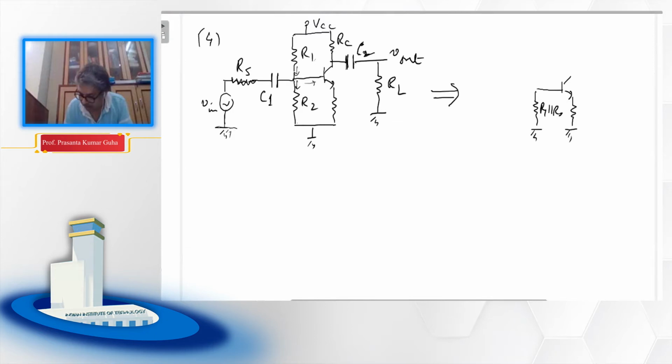so R1 parallel R2, and there is RS here, there is Vin here, and this is RC parallel RL. Let's put it that way, because RC and RL will be parallel, because you see RC is grounded.